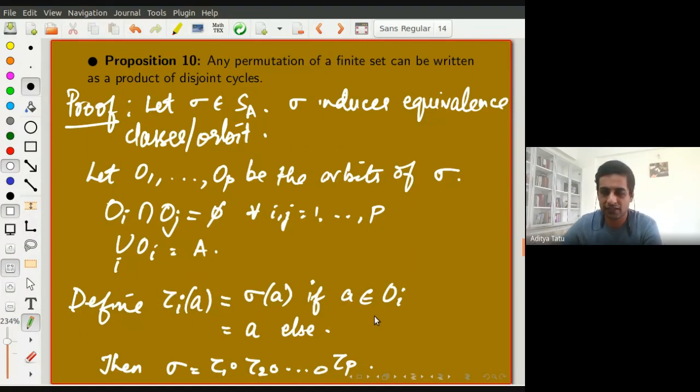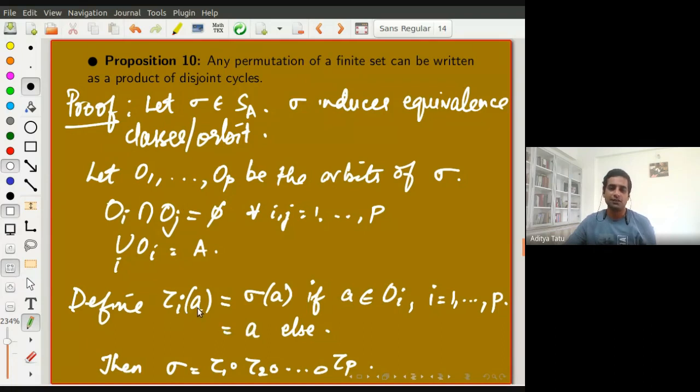I'm going to define p permutations, 1 to p. How am I defining these p permutations? So tau 1. Let's take i equals 1. Now, in order to define a permutation, I need to define what it does on each and every element of A, right?